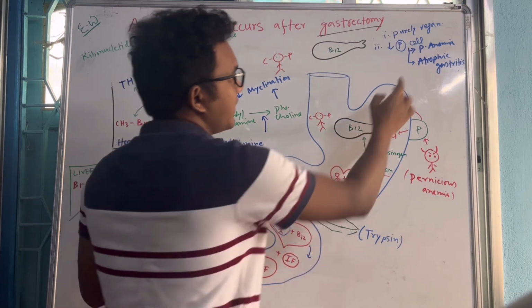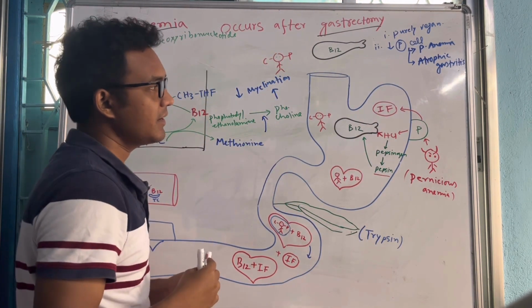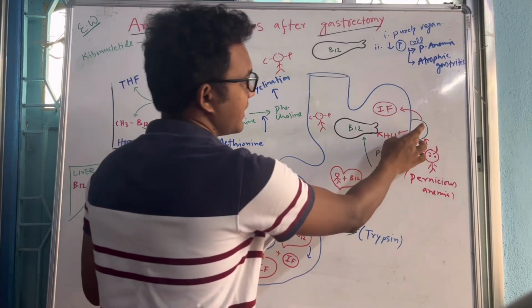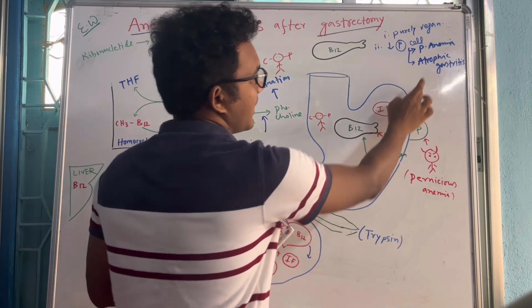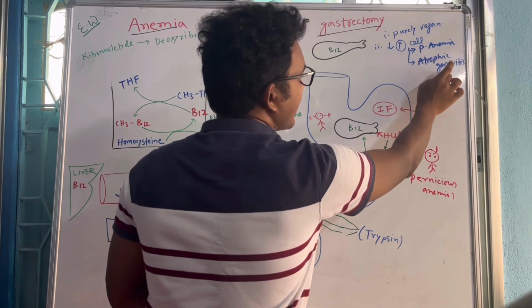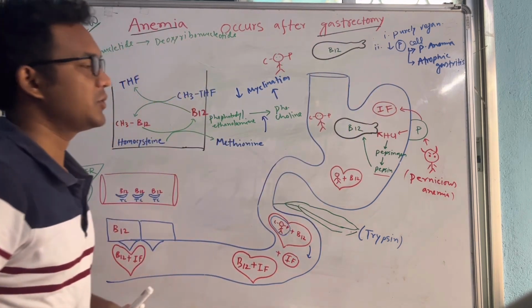What happens in atrophic gastritis? There will be a decreased amount of parietal cells inside the stomach. This leads to decreased intrinsic factor and decreased hydrochloric acid, and it is commonly seen in Indian people. So this also leads to deficiency of B12.